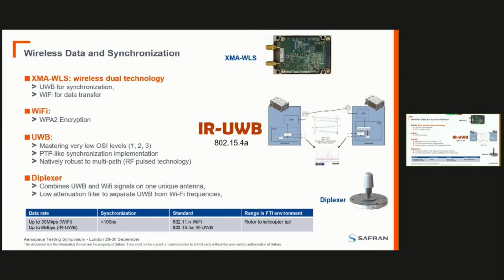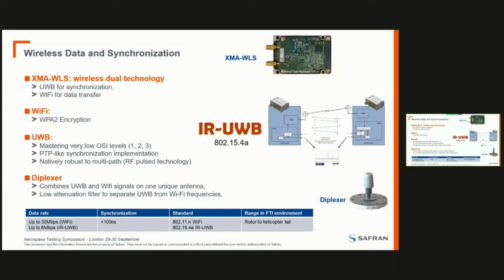Wi-Fi is very efficient for data transmission. We use it every day, and it works quite well. And it's exactly the same thing in the system, providing the encryption scheme that is also efficient and needed for this kind of application. But it has a counterpart. It's not efficient at all. It's even quite bad for synchronization.